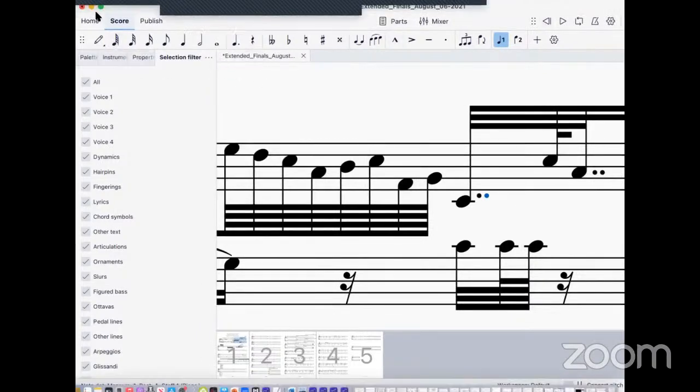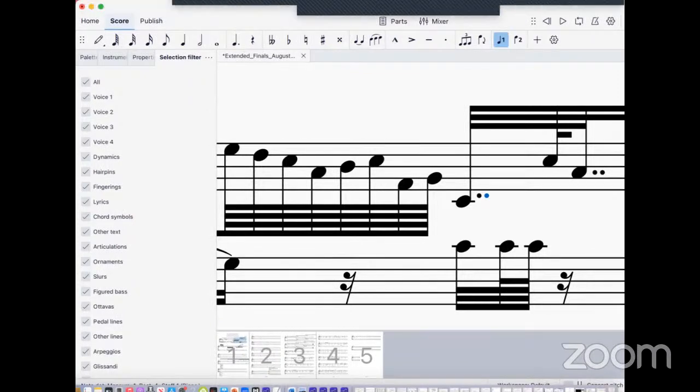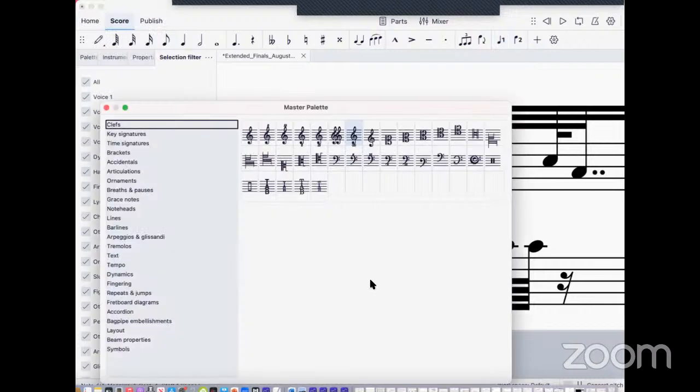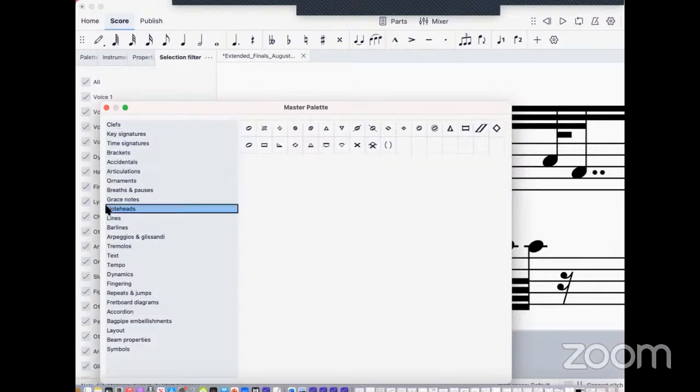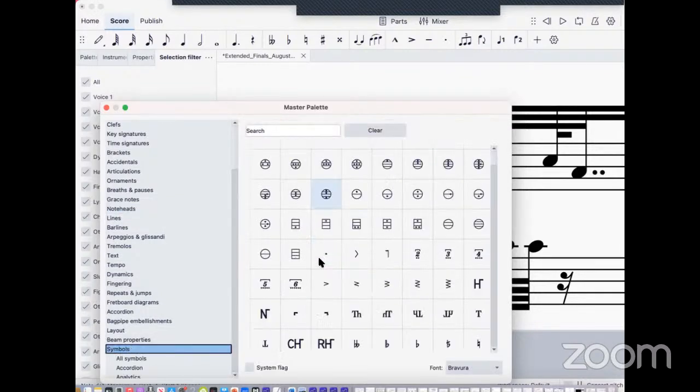Let's see if I can add it in the master palette. No, it does not have it. Symbols, let's see on the symbols.